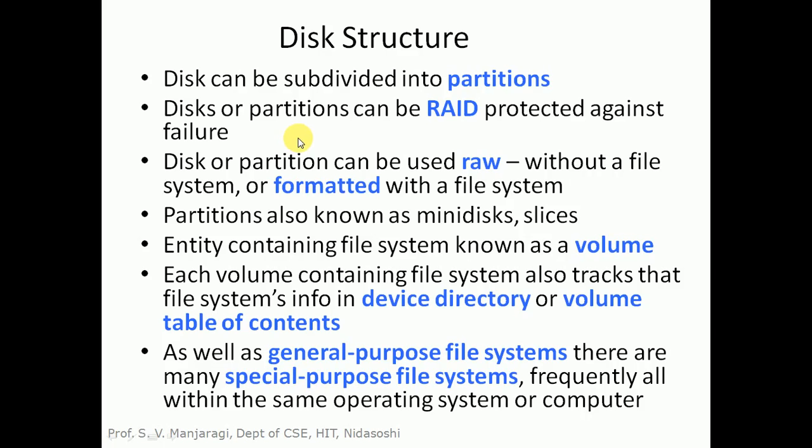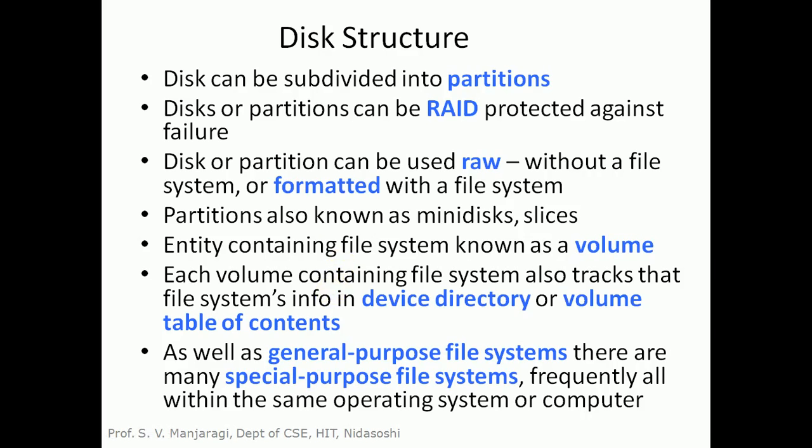Disk partitions can be RAID, which provides protection against failure. A disk partition can be used as a raw partition without containing any file system, or it can be formatted with a file system. For example, if you want to create a partition under Windows, it must be formatted with a file system like NTFS.